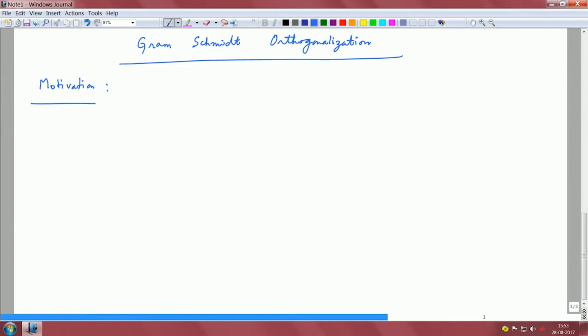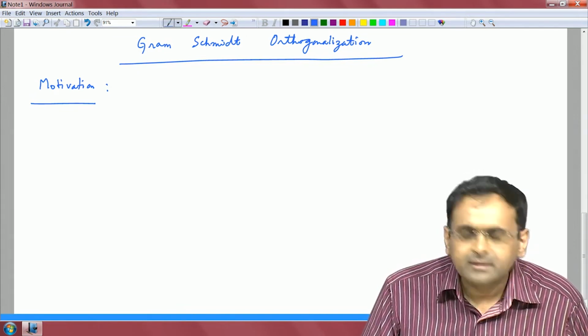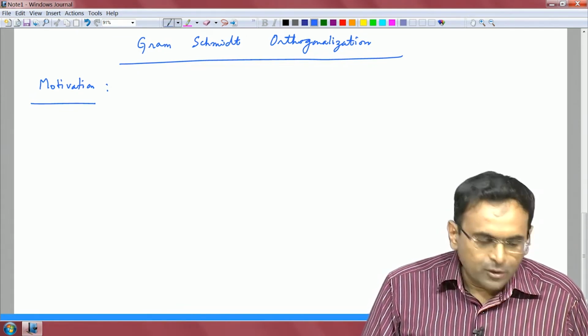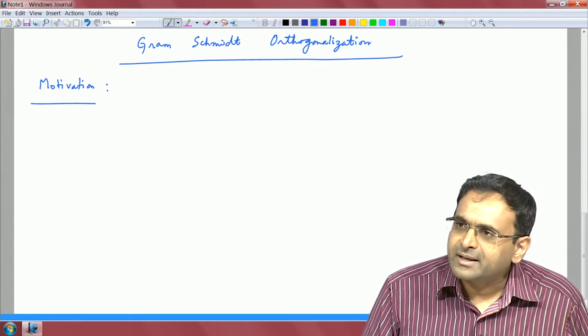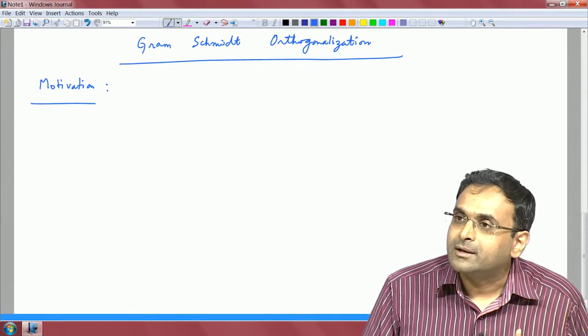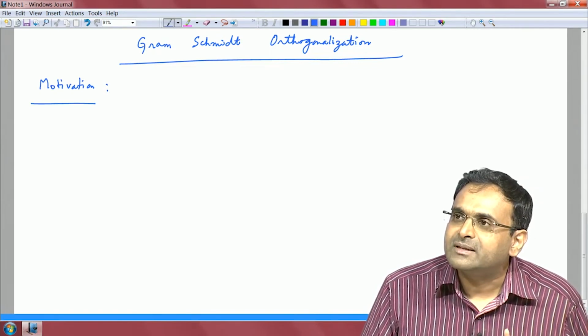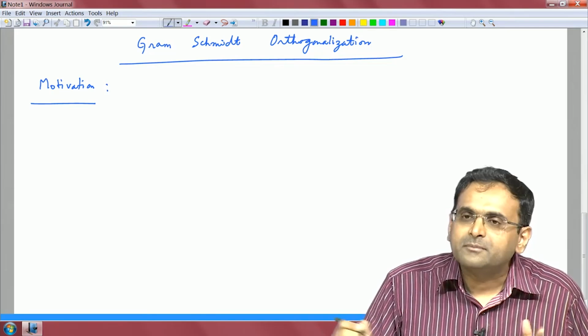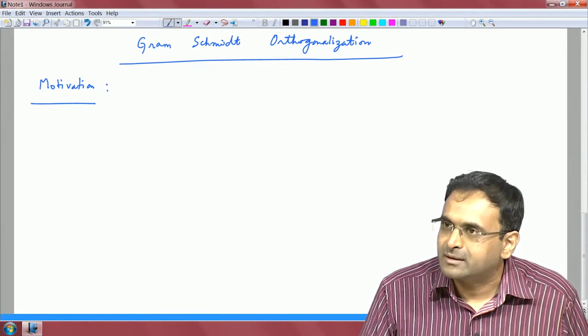What is the motivation for this procedure? I am given a bunch of signals and I want an orthogonal basis to represent the signal in terms of basis signals or basis functions.